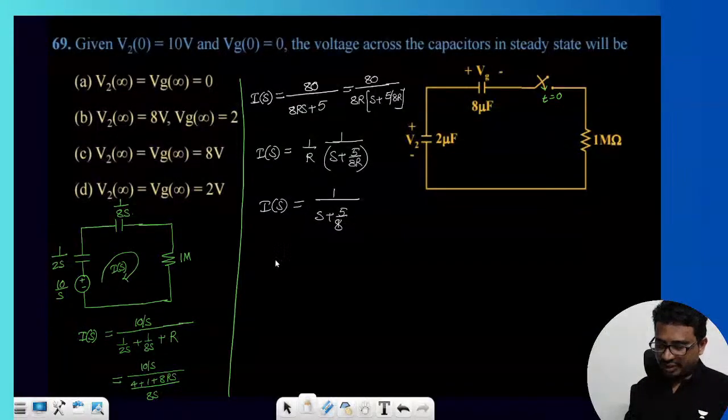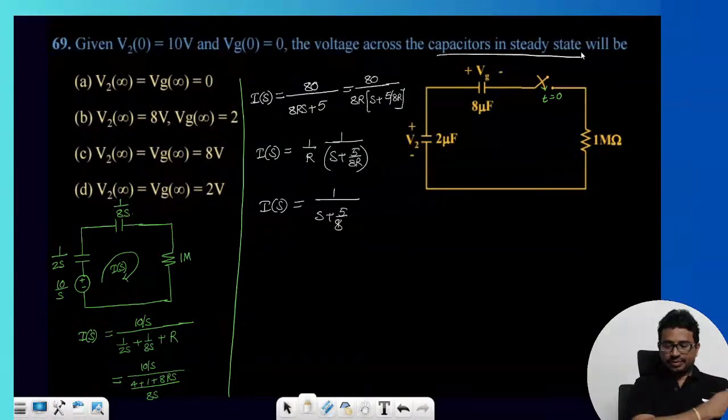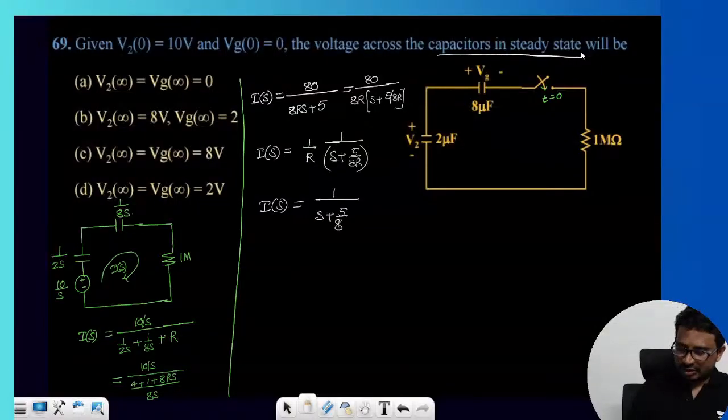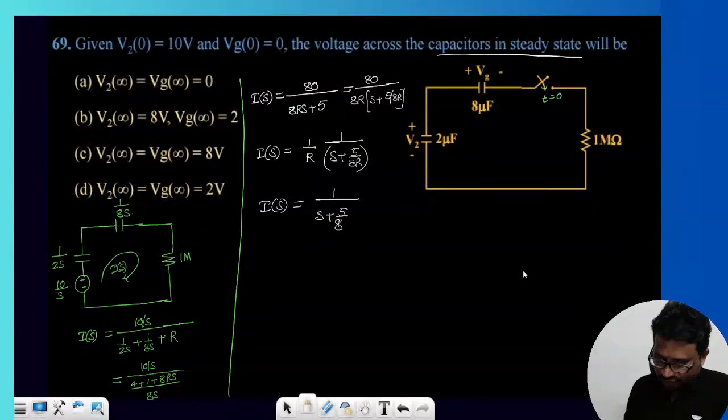Then simplify it now. What I need to find here is the voltage across the capacitors in steady state. In steady state, capacitor voltage is needed. So from this, this is I of S, and the same current will flow through both the capacitors. Now if I want the voltage across this capacitor, it should be given as what?